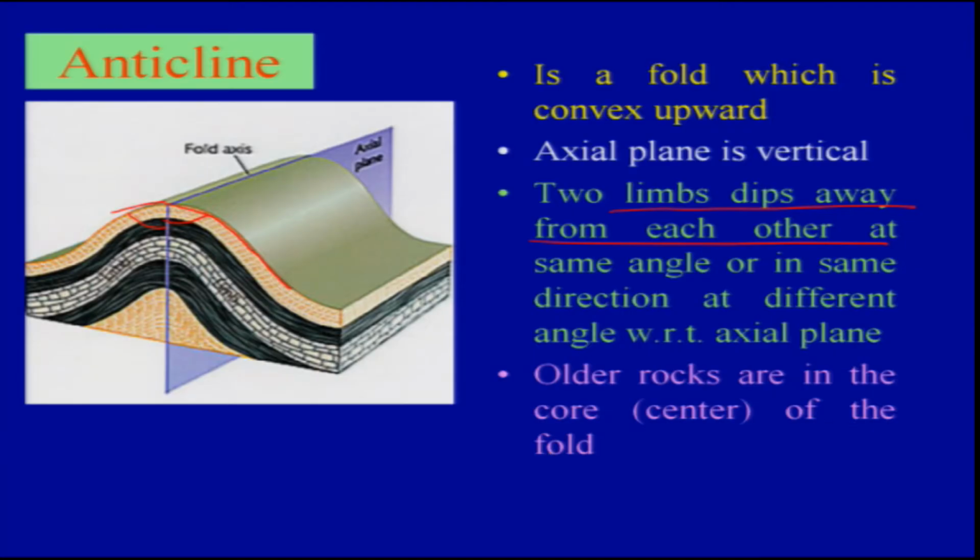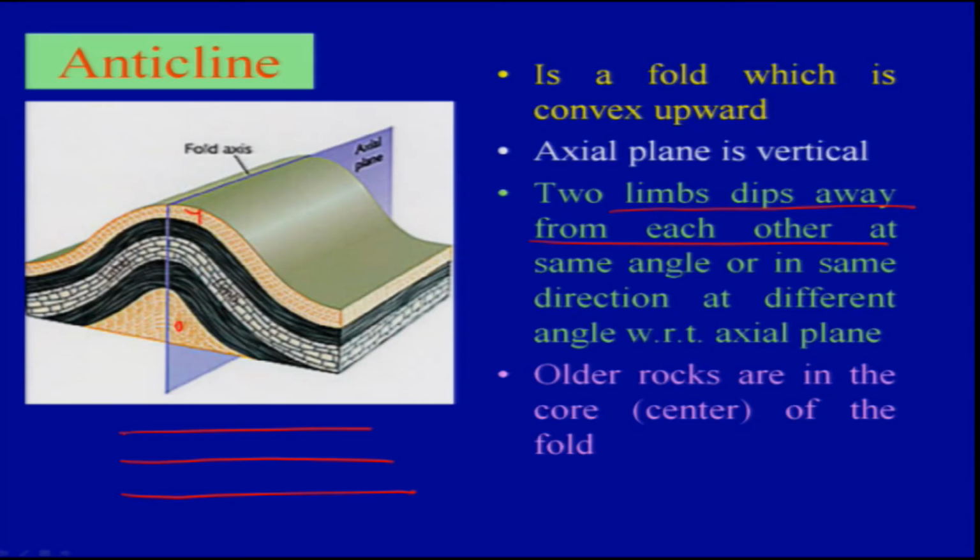If you look here, as I was saying in the previous slide, all beds are deposited in a horizontal fashion. Here, this one is older, and on top this one is younger. This is termed the core.